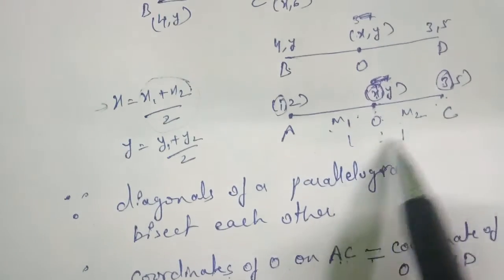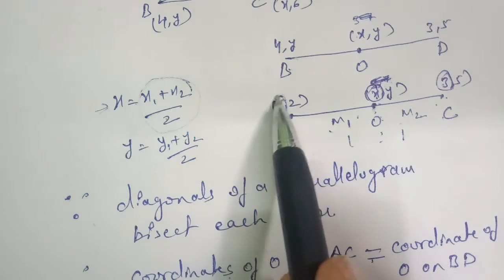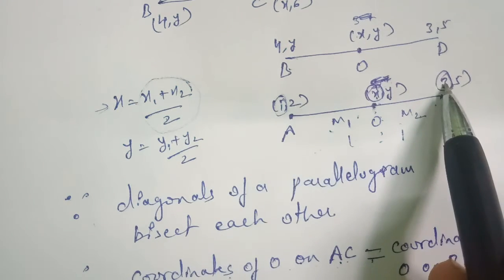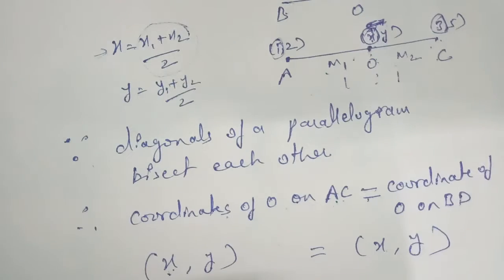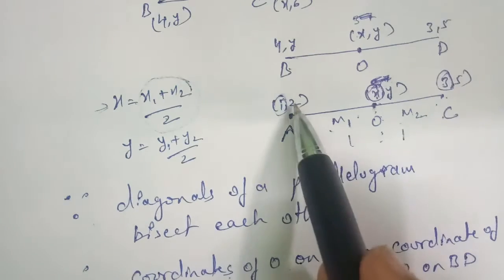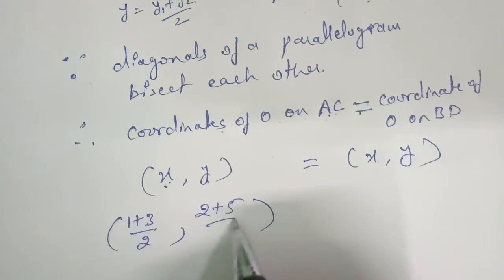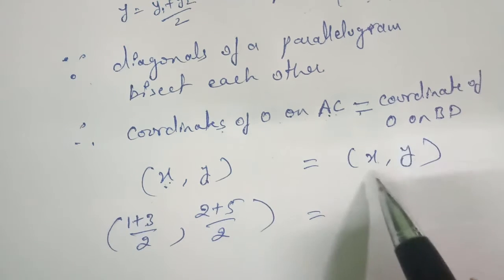For AC, the value of x will be (x1 plus x2) upon 2. Here x1 is 1 and x2 is 3, so we substitute: (1 plus 3) divided by 2. This is the value of x. Come to the value of y. We add both the y values: (2 plus 5) divided by 2.